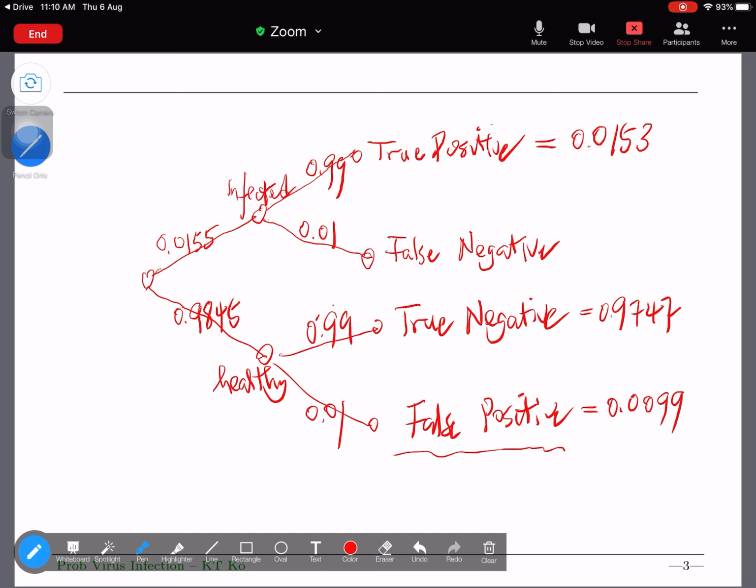Okay? And the false negative, which is the unfortunate case where the test subjects are infected, but do not show as infected. So the result is negative, and he or she may miss out on the treatments necessary. But it's very fortunate there's only a very small number of this case. So those are the four possible branches. Each of them has a probability associated with it. Now we will look at the effect of those relative probabilities on the implications we have mentioned.